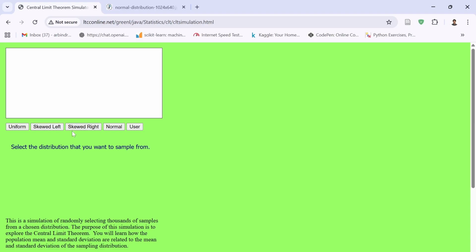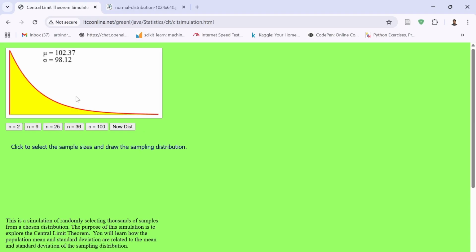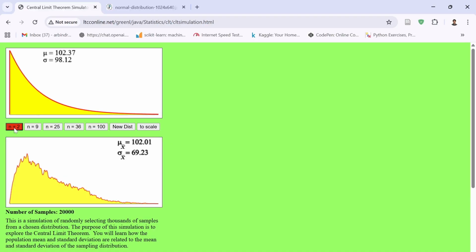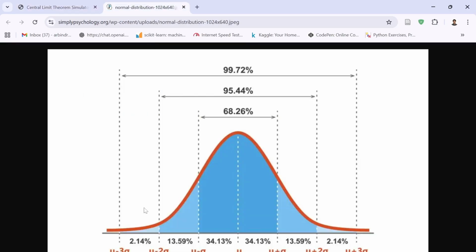For this simulation, we'll take a right-skewed curve, which is also called an exponential distribution. At first we take two samples from the exponential curve, and the distribution formed by calculating their means is this distribution. Here we can see that initially the distribution is not quite normal.